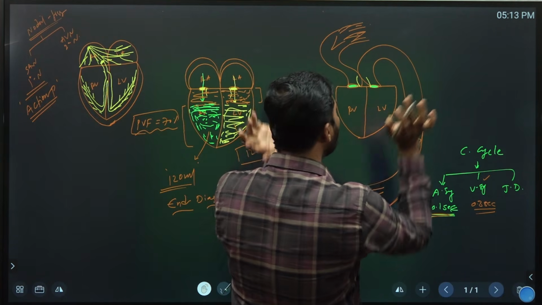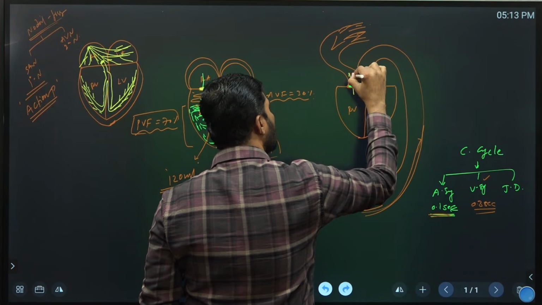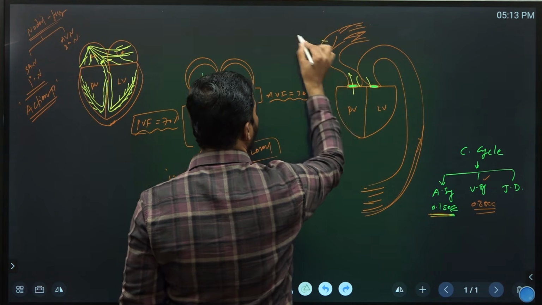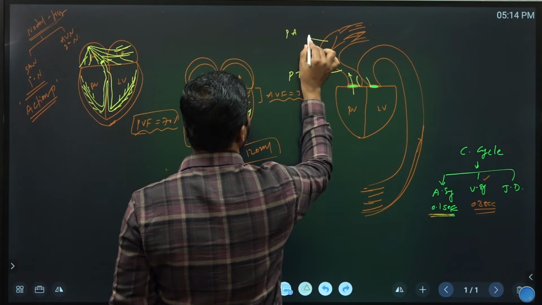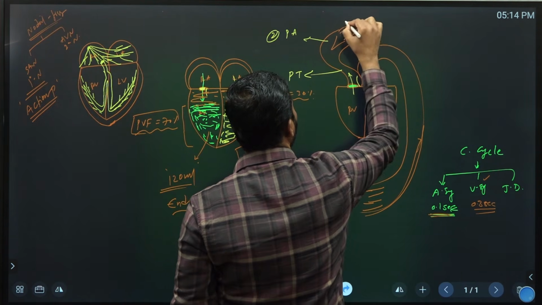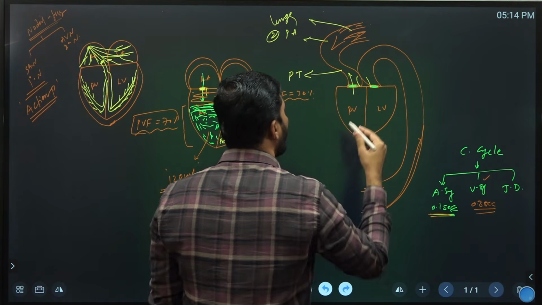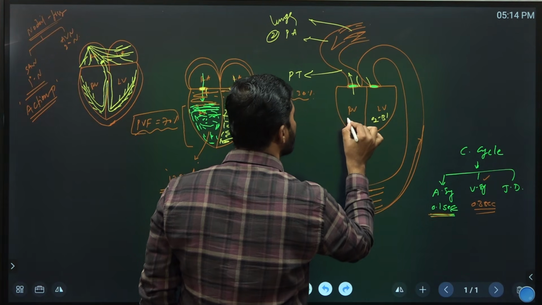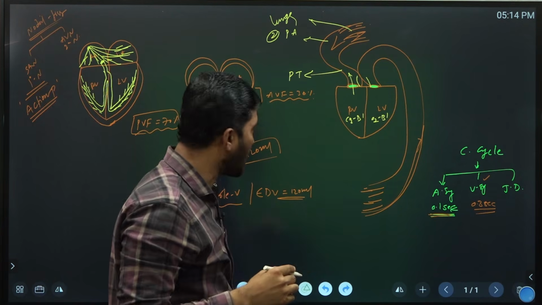The tri and bicuspid valves closed, the semilunar valve opens. Results, the right ventricle's blood enters into the pulmonary trunk, then the pulmonary arteries. This is the pulmonary trunk, two pulmonary arteries, then lungs. This carbon dioxide blood moves towards the lungs for exchange of the gases.